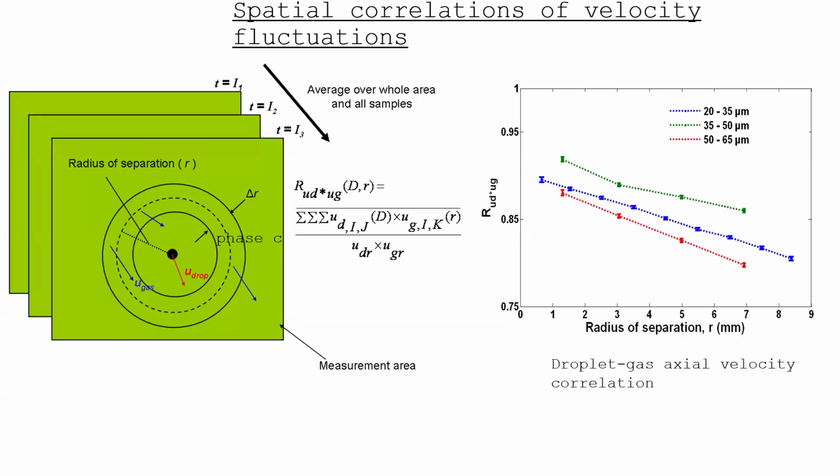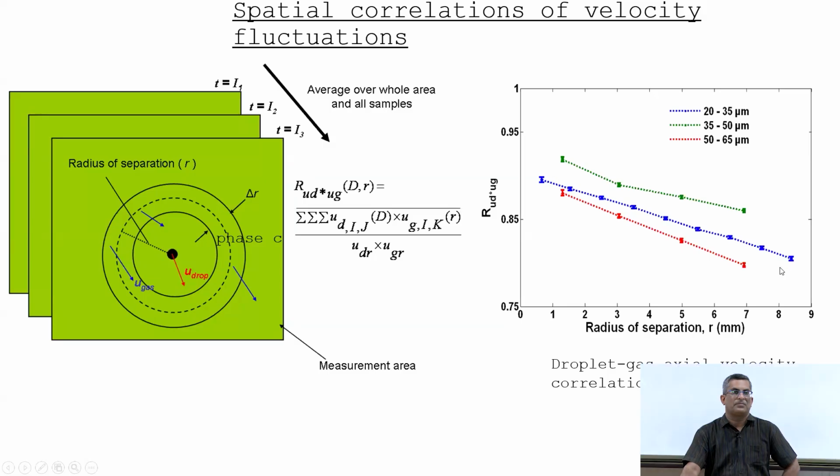Okay, but now what is interesting is the quantification of this. So you see that as you move, let's say, from radius of separation from 1 to 8, the correlation still stays quite strong, from about 0.9 to about 0.7.